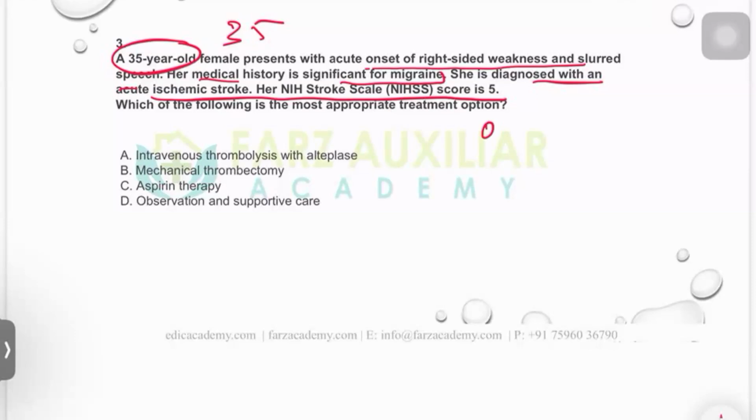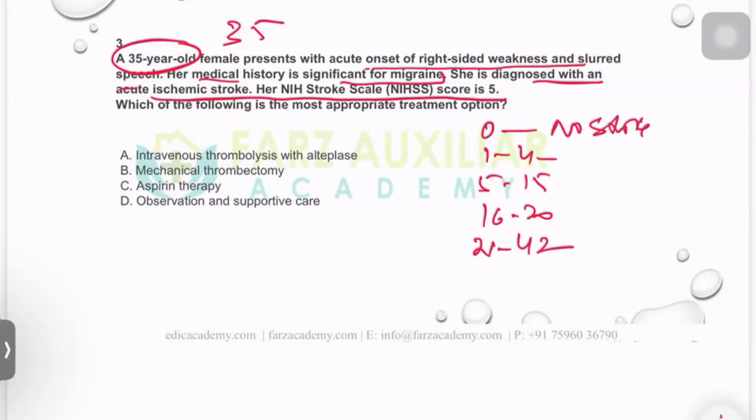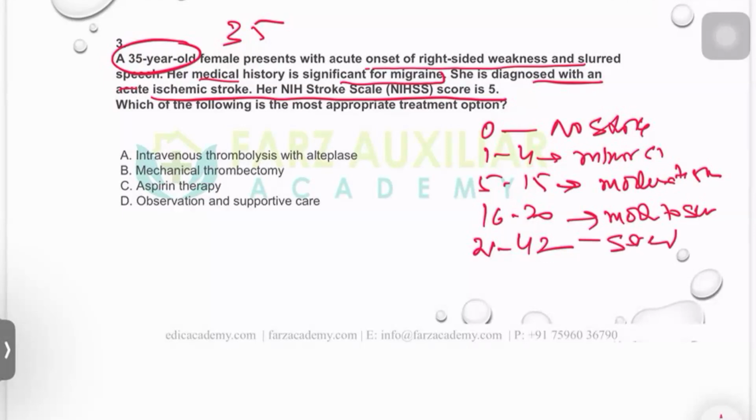So 0, 1 to 4, 5 to 15, 16 to 20, 21 to 42. No stroke symptoms. 1 to 4, minor stroke. 5 to 15, moderate or major stroke. 16 to 20, moderate to severe stroke, and 21 to 42 is severe stroke.